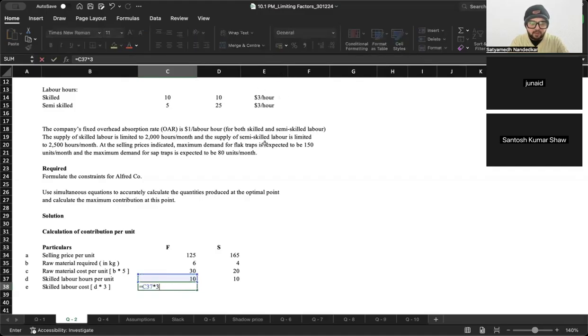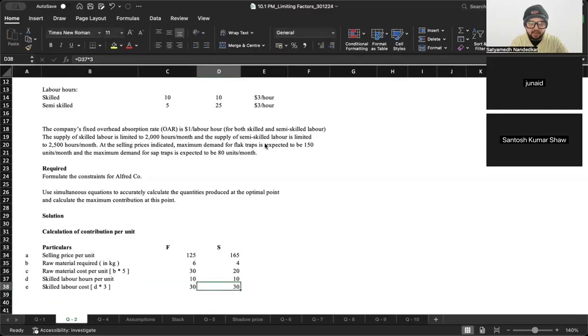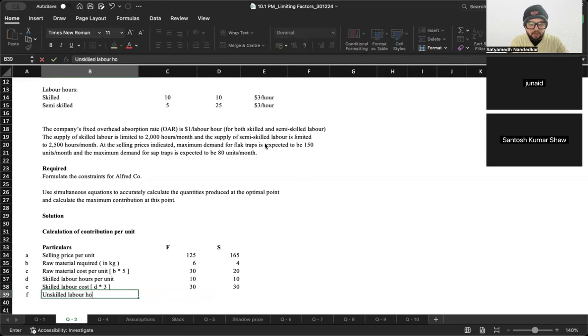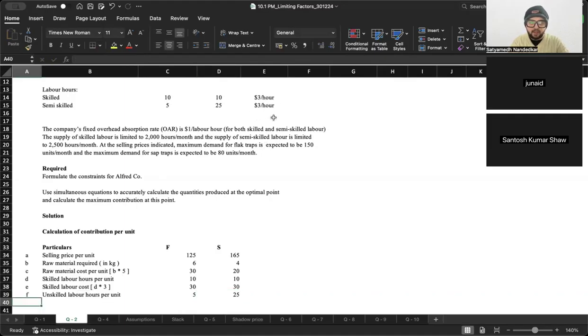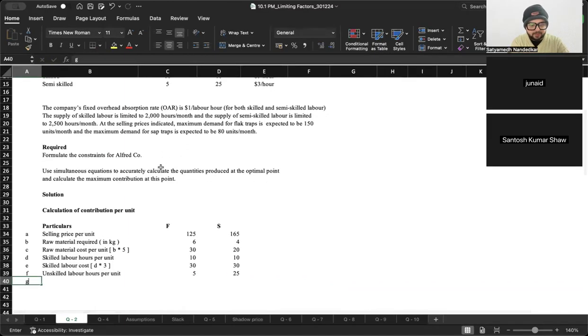So this into 3 and this into 3. F is unskilled labor hours per unit, 5 and 25. This is again given here, and rate per unit is also given.